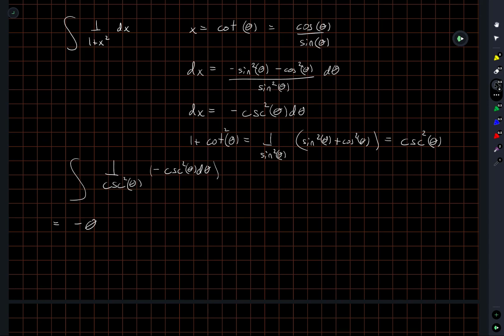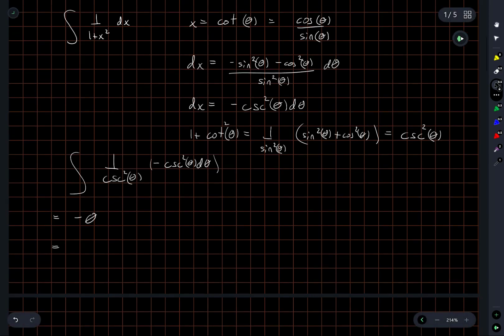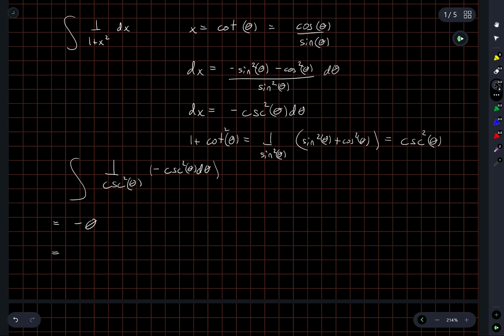And if I substitute this, so this gives me negative, ooh, hold on, even and odd stuff going on here. Well, I'm going to want, I suppose, negative cotangent inverse x.